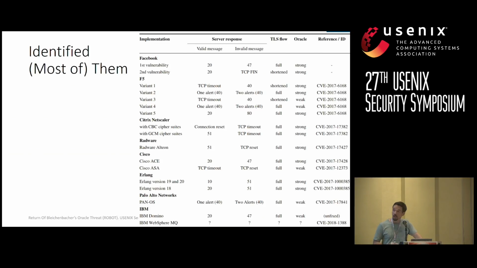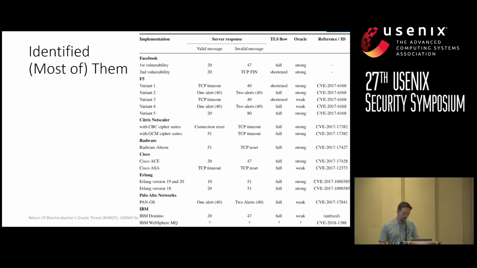It was interesting. For example, this is the list of our attacks, which is also on our website with the CVEs. What was interesting is that for F5 products, there were 5 servers having 5 different vulnerabilities and 5 different responses. I don't know how they implement their stacks, but there were 5 different sorts of vulnerabilities in their TLS stacks.